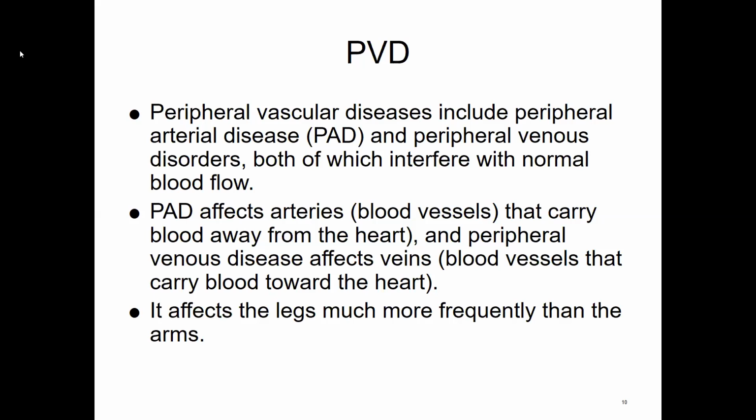And peripheral venous disease affects the veins, the blood vessels that carry the blood toward the heart. It affects the legs much more than the arms. And when a patient gets a diagnosis of peripheral vascular disease, it's usually arterial involvement versus venous involvement.